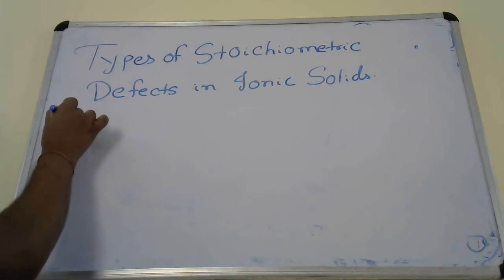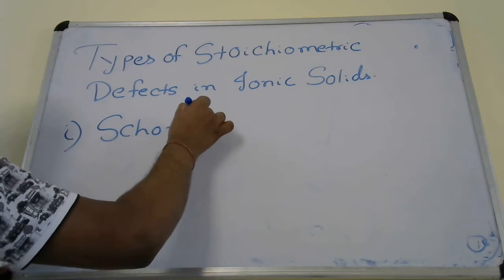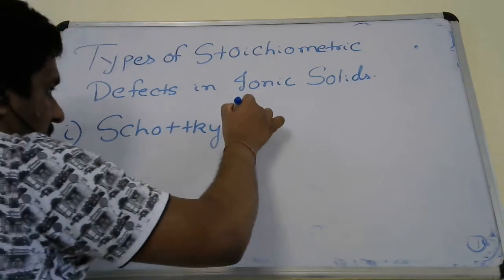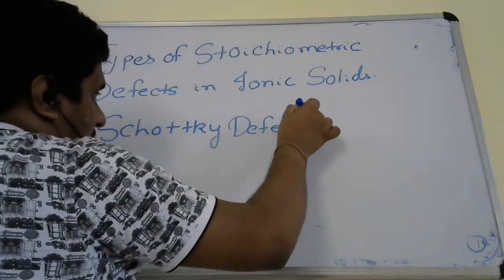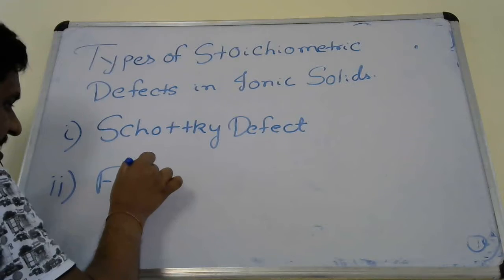So there are two types: Schottky defect and Frenkel defect.